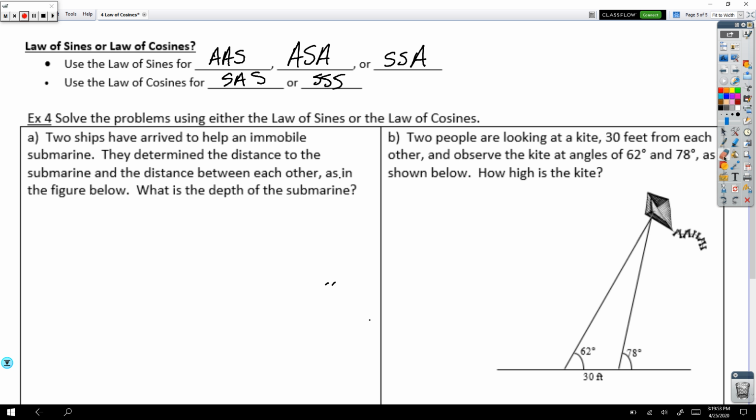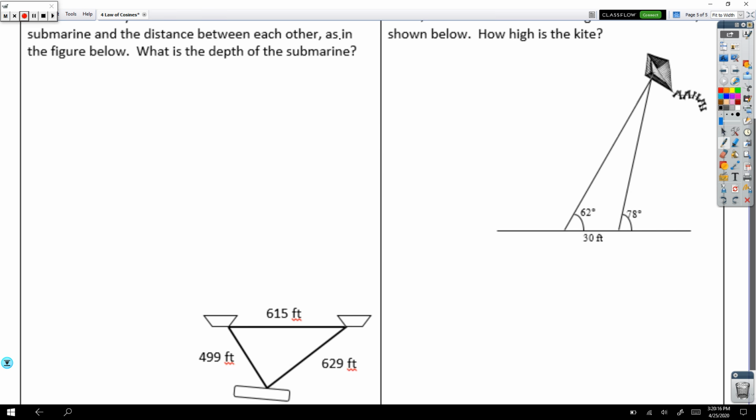So it's not always going to be broken down into its particular sections. A lot of times you're going to have to read through the problem, set up your triangle, identify what type of triangle you have, and then figure out which law you are using, law of sines or law of cosines.